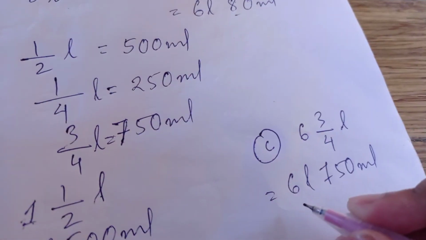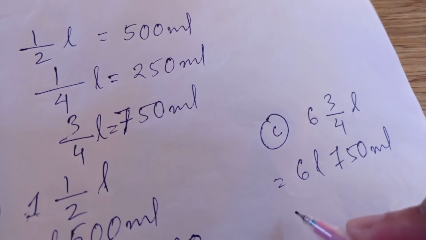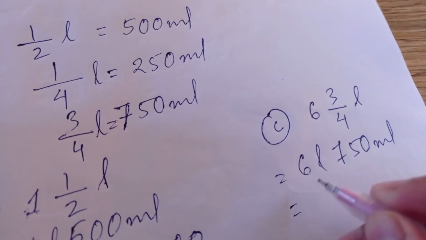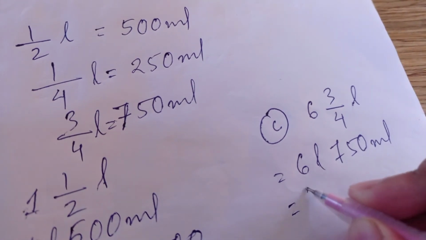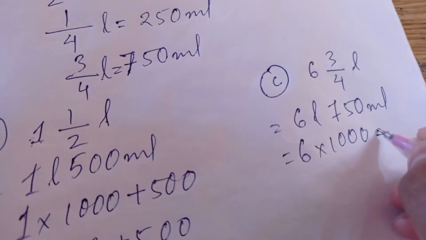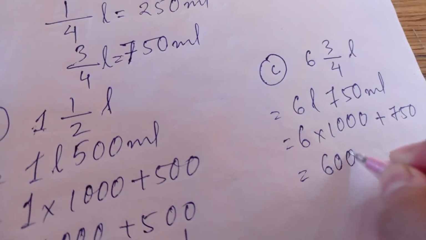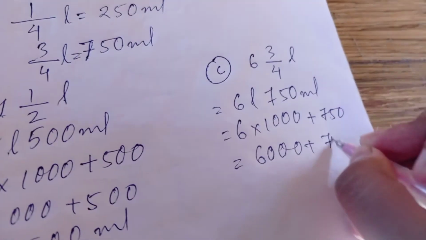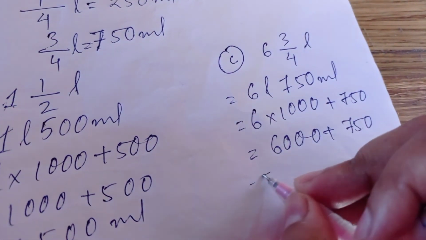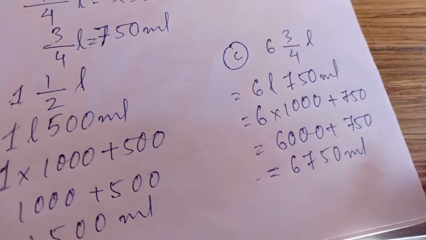Now you can convert this into ml. 6 liter you need to convert into ml, and this part I have already converted. So 6 liter is how many ml? 6 into 1000 plus 750 ml. So 6000 plus 750 is 6750 ml, the correct answer.